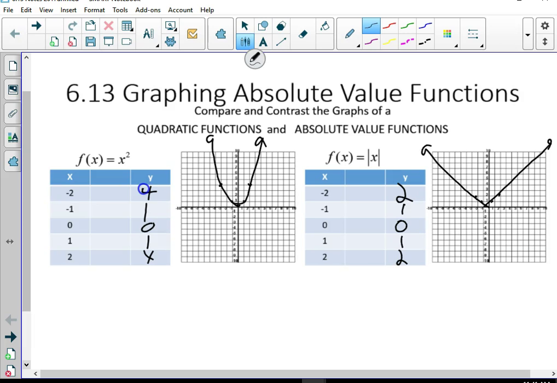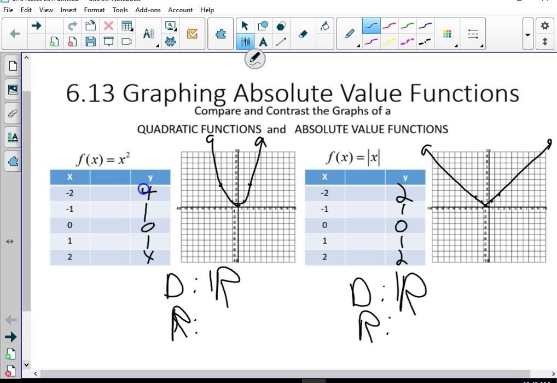Now, let's talk about the domain and range of both of these. The domain on both of these is the same, okay? It's all real numbers, because it's going left and right forever. The range is similar.